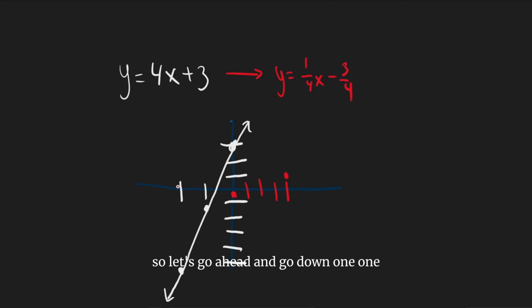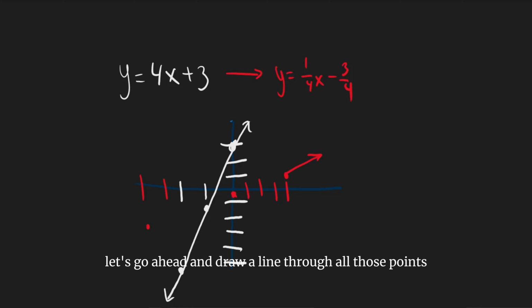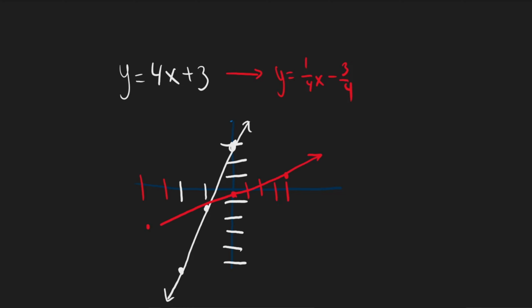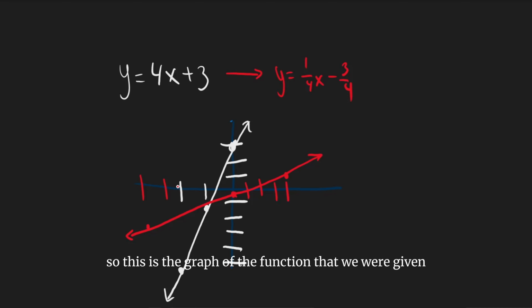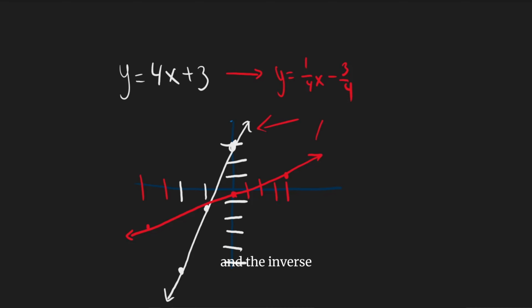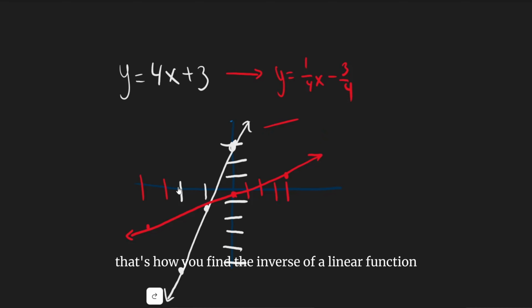So let's go down 1, 1, 2, 3, 4. So we're going to be right here. Let's draw a line through all those points. So this is the graph of the function that we were given and the inverse. So that's how you find the inverse of a linear function and how to graph both of those functions.